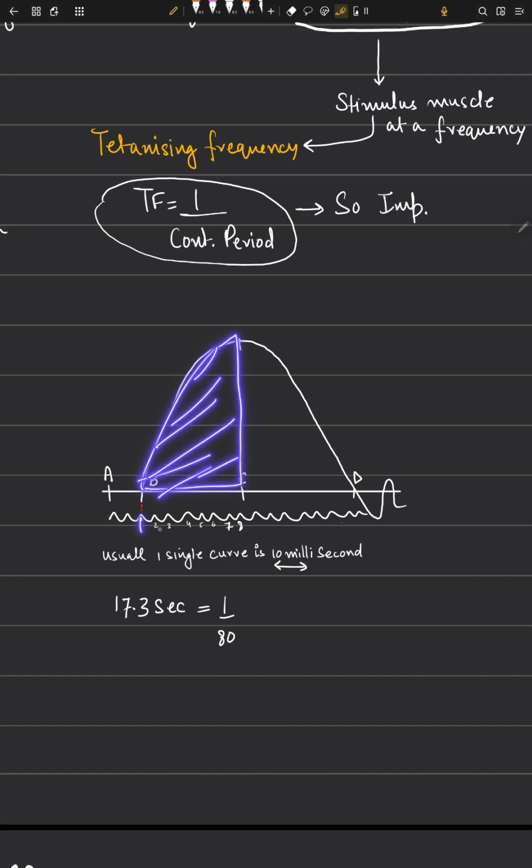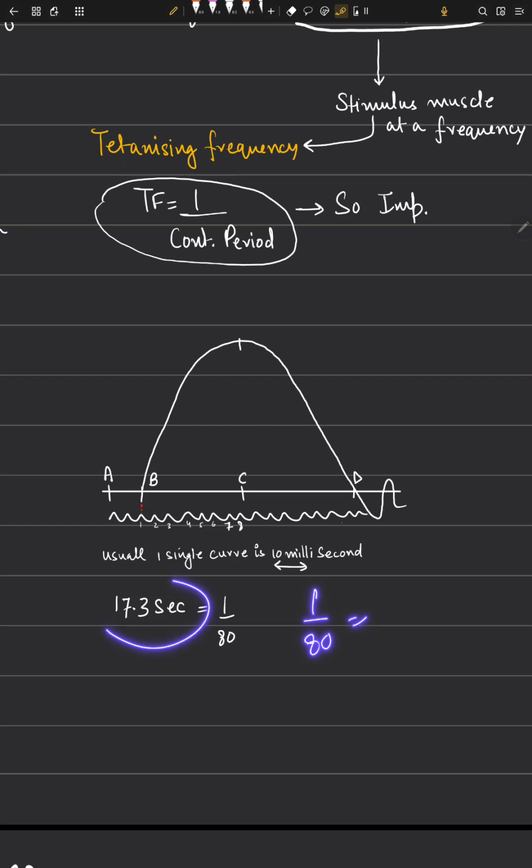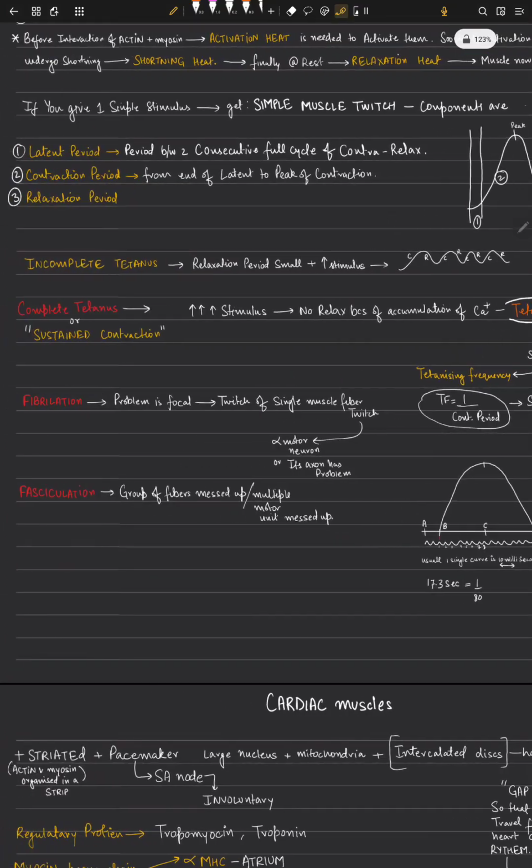I see 1, 2, 3, 4, 5, 6, 7, 8, almost 8, and usually one of these waves equals 10 millisecond. So 8, 1 upon 80 equals 17.3 second. So tetanizing frequency for this is 17.3 second. Okay.